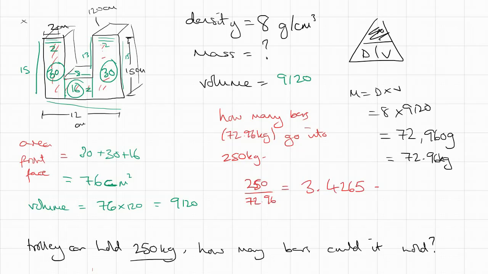So that means I can fit 3.4265 bars in here. But the question's asking, well, how many full ones can I fit? That is going to be 3 bars. Another way you can do it is you can just count up in your 72.96s on your calculator, or count up in your 73s in your head. It's roughly the same. And you'll see that you can only get 3 of them in there before you go over.